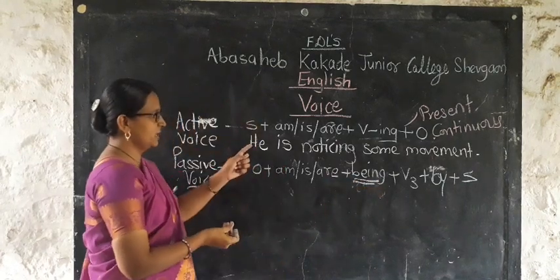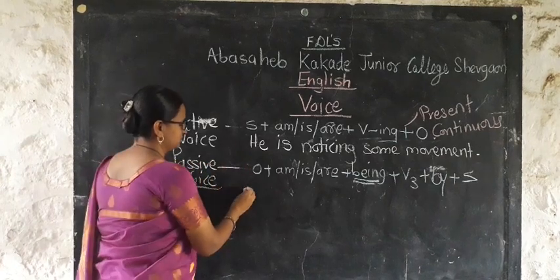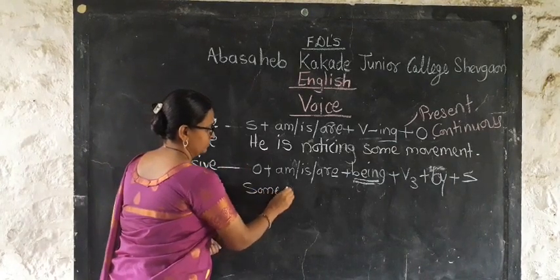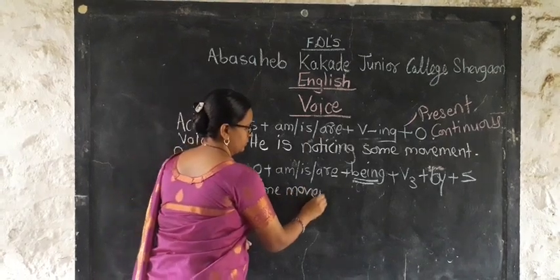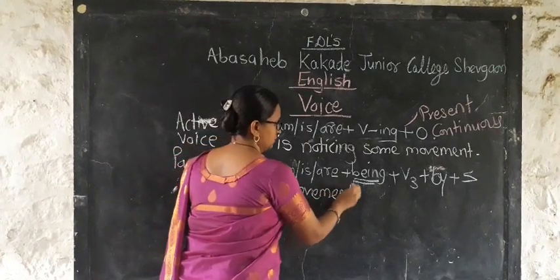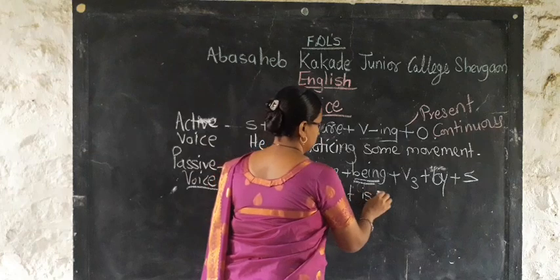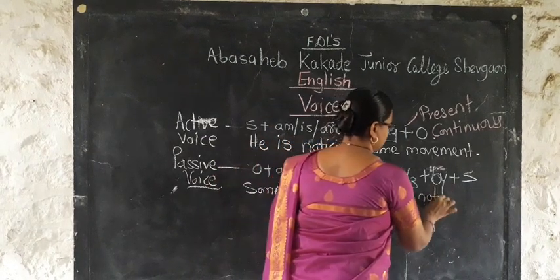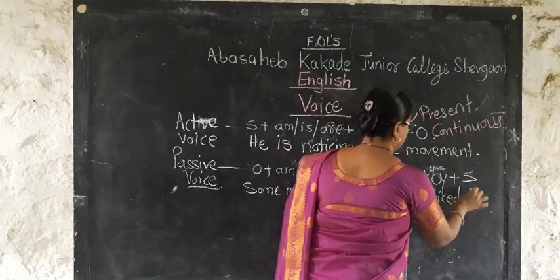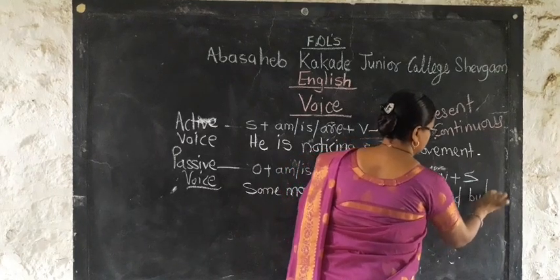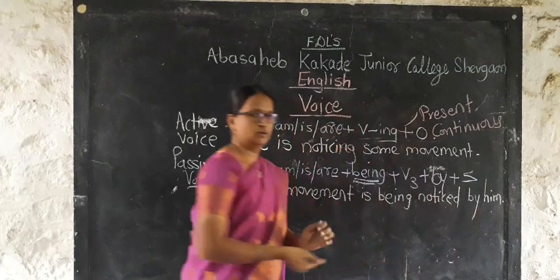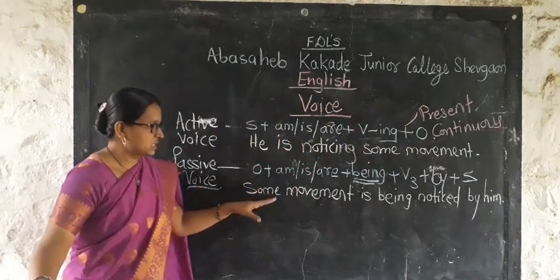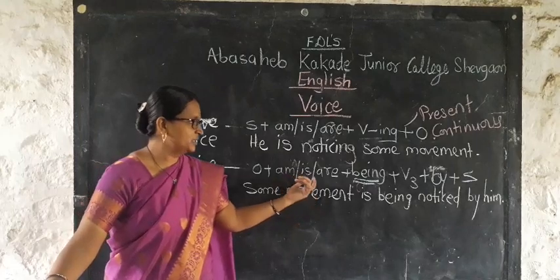Now here we are going to write same sentence. We have to begin sentence with object, some movement, then am, is, are.